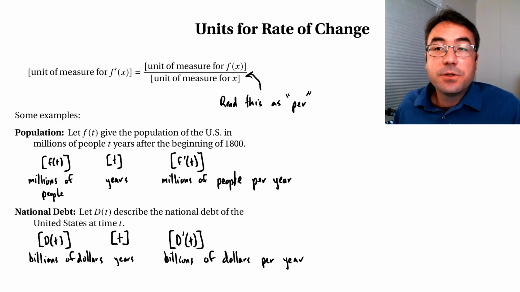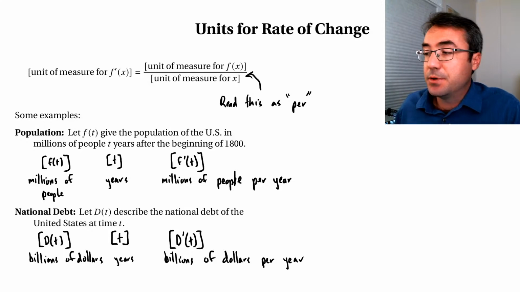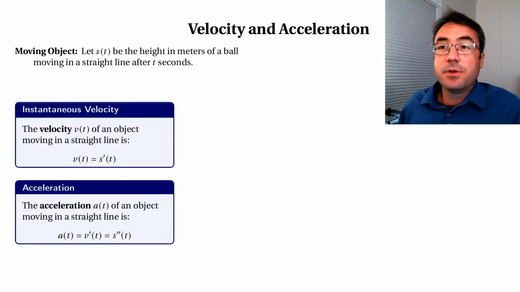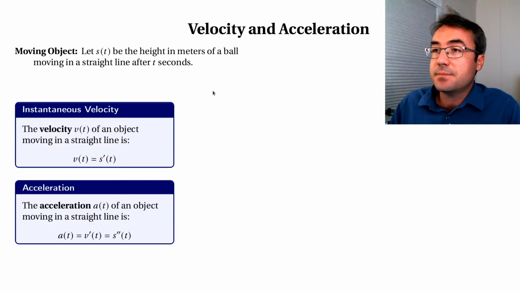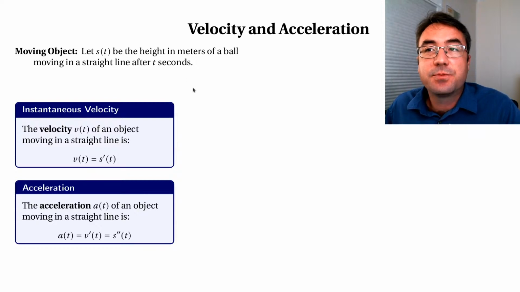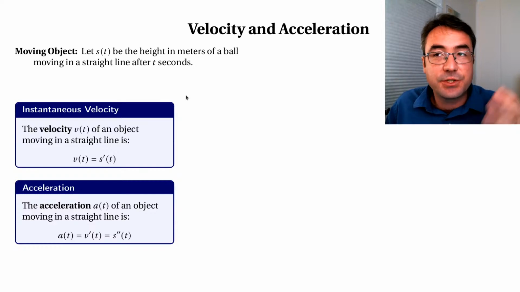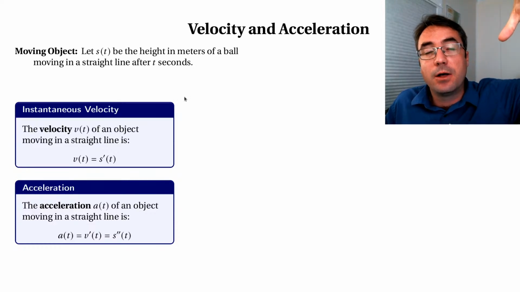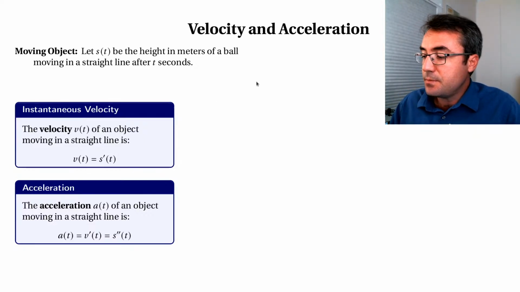Today we've looked at the population and national debt examples, but in the past we've looked at objects moving in a straight line, so we've looked at instantaneous velocity. Consider the case where s of t is the height of an object moving in a straight line. Maybe we drop a ball or a rock from a tall height and watch it fall down.